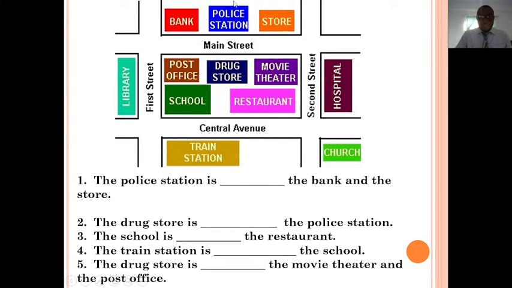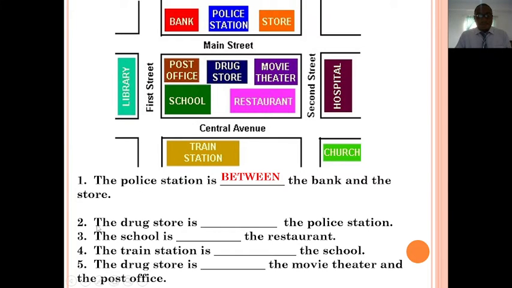If we look at the police station and the bank plus the store, we have to say that the police station is between. Again, the police station is between the bank and the store. So if we look at the map again, we can see that the police station is between the bank and the store.